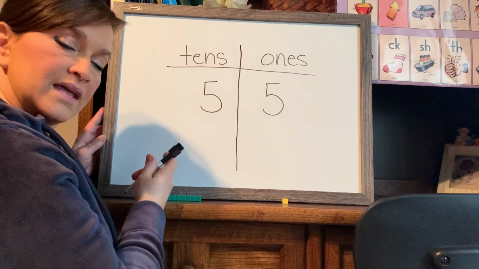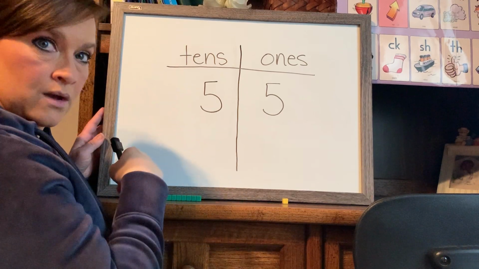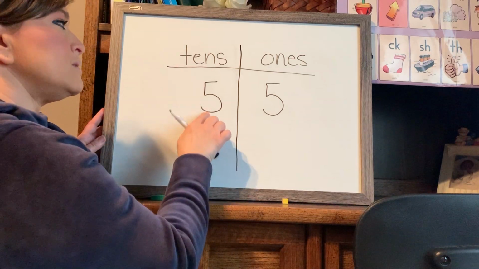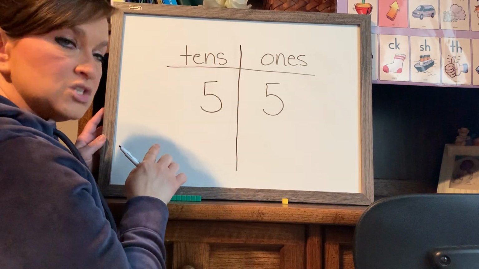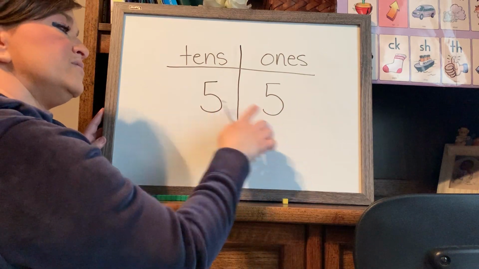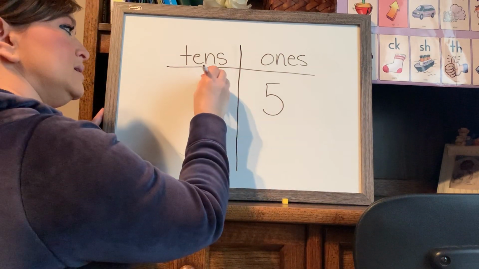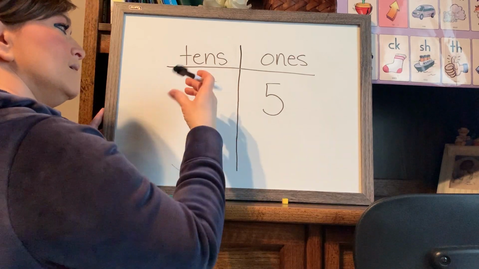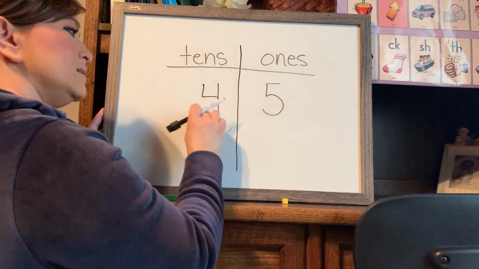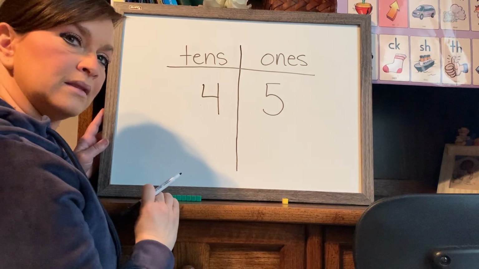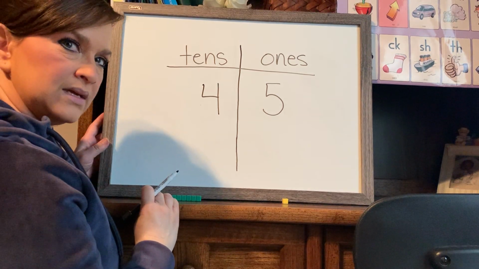All right, now if I do 10 less, I want to go backwards because I'm doing takeaway. Less is takeaway, and only the number in the tens place changes. So if I have 55, 10 less would be 45.